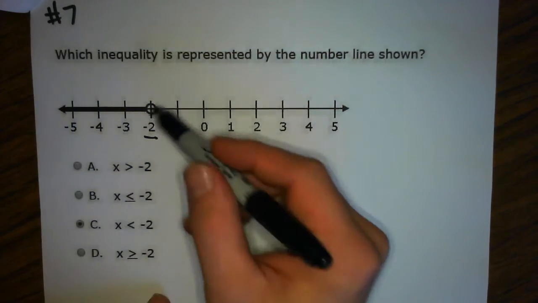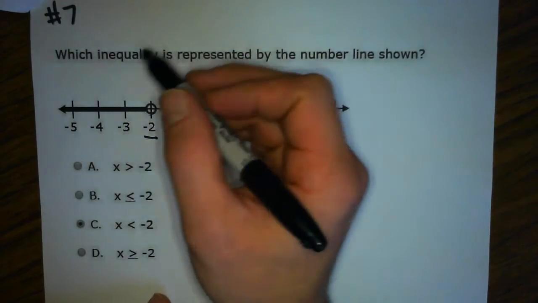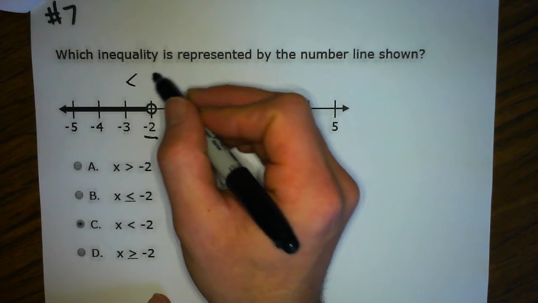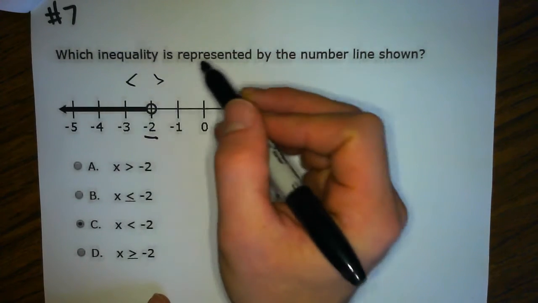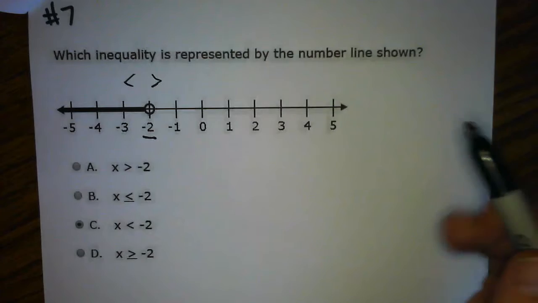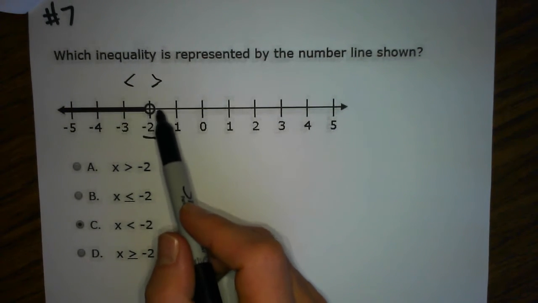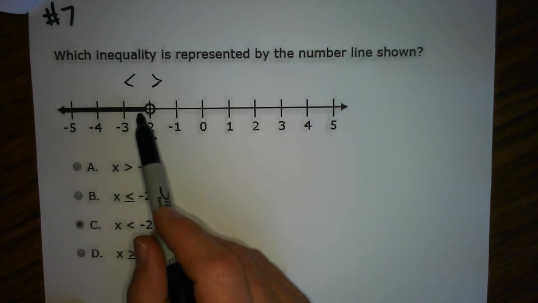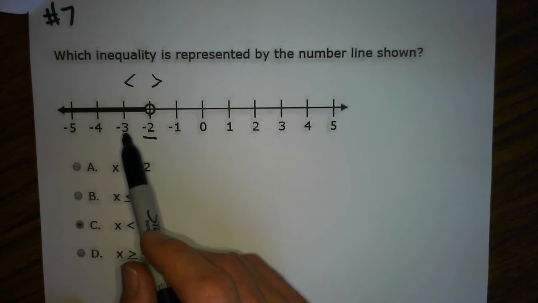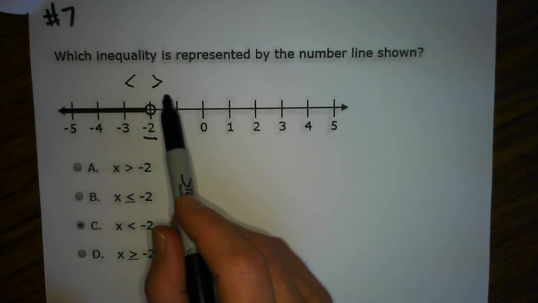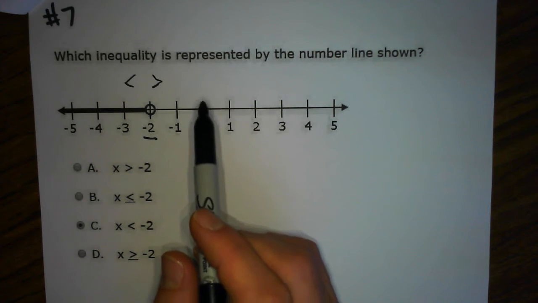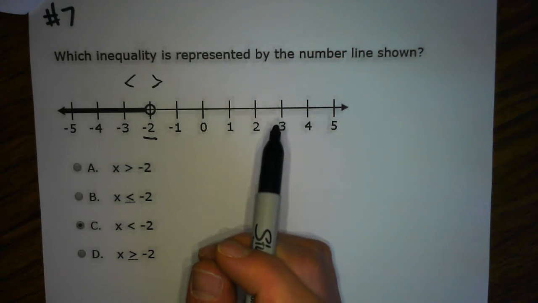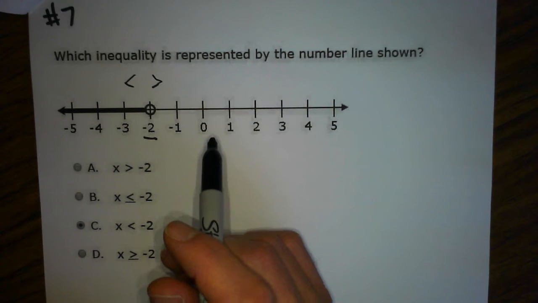So that means, since it's an open circle, my answer is either going to be less than or greater than, because negative 2 is not included in the set here. There's an open circle, there's a space there. So I know it has to be less than or greater than instead of less than or equal to or greater than or equal to, because the circle's open and not closed.